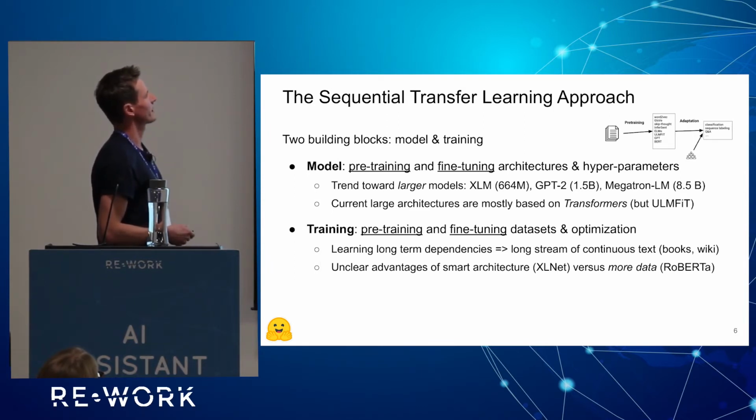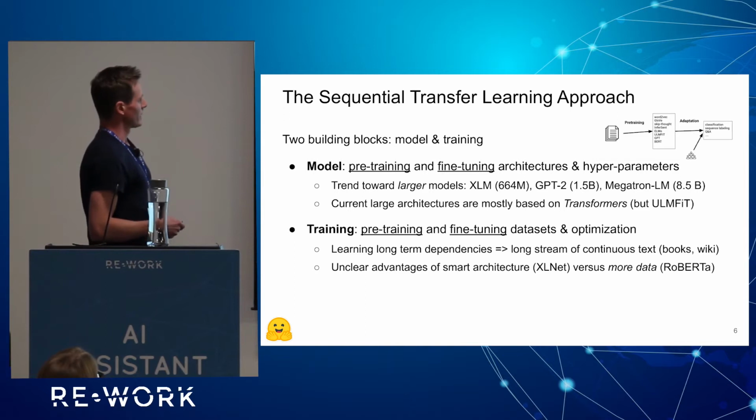So the sequential training approach will have basically two main building blocks, if you want to see what's inside. The first thing is the model, okay, that you're using. So this model may have two architectures, one architecture during the pre-training, and then one architecture during the adaptation. So they might be the same architecture, but you may also change some stuff during the adaptation. I'll show you some examples.